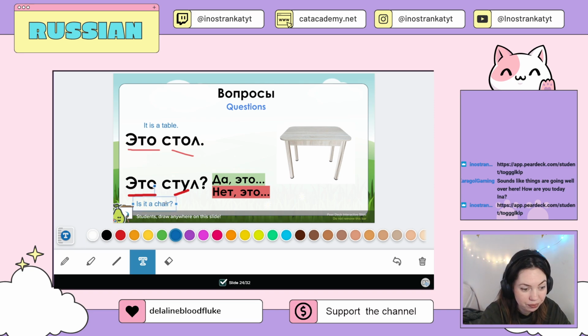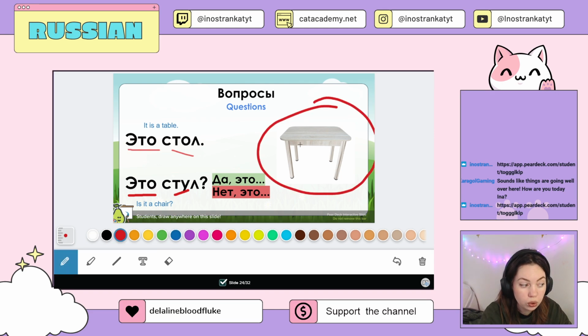So if we think yes, it is a chair, we choose the green line: да, это, and we repeat the word. And if we think no, we have to choose the red line and say нет, это, and we say the correct word.